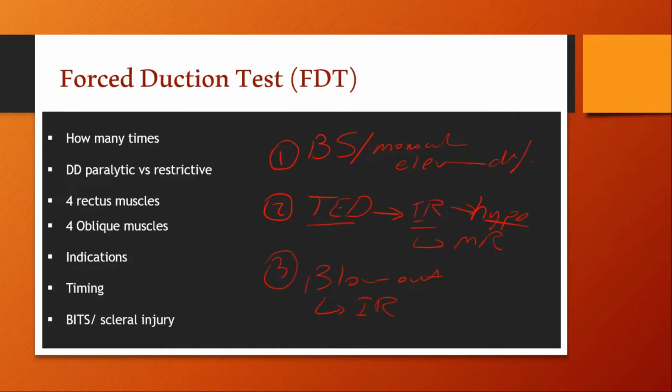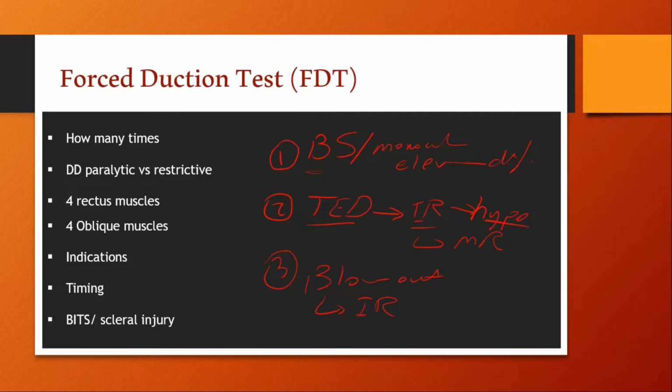So as you can see, the common theme here is restriction. We are trying to document or confirm the restrictive component and to differentiate it from paralytic. And if we are going to do surgery, we do a forced duction test at the start of the surgery, and after you finish the surgery, you have to confirm that the forced duction test becomes negative.